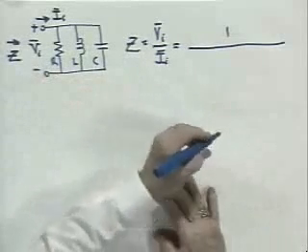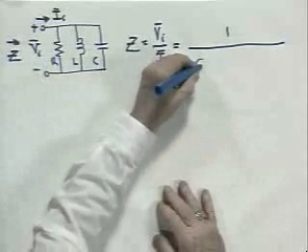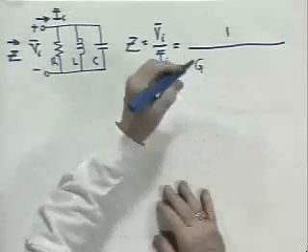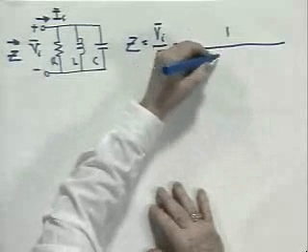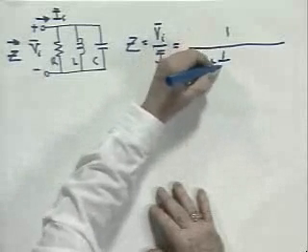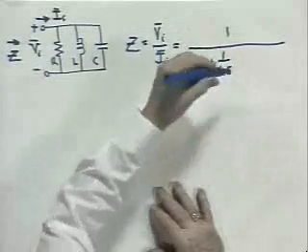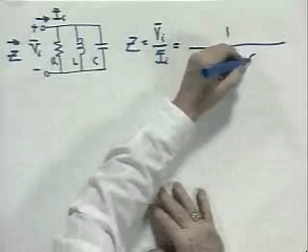So the admittance of the resistor is G. The admittance of the inductor is 1 over Ls, and the admittance of the capacitor is Cs.